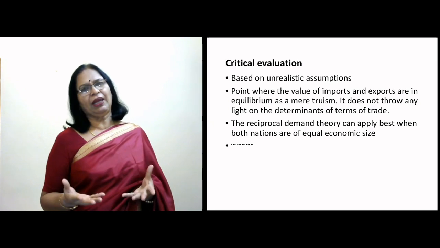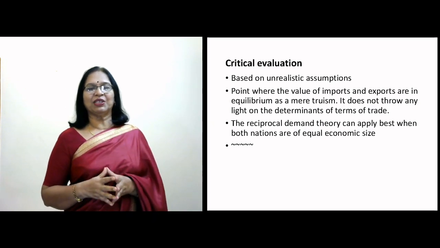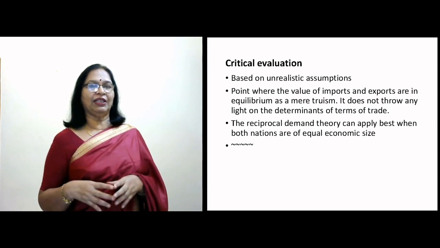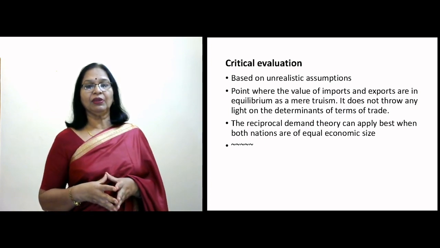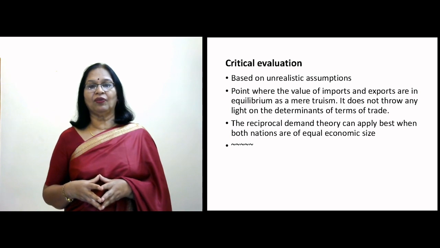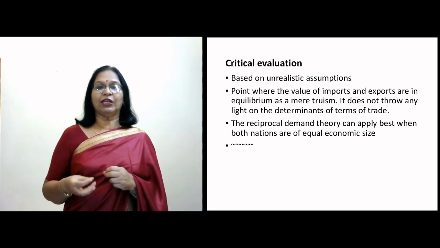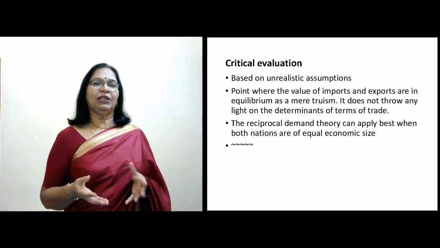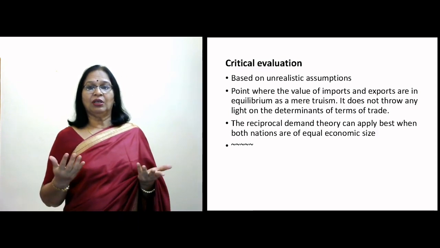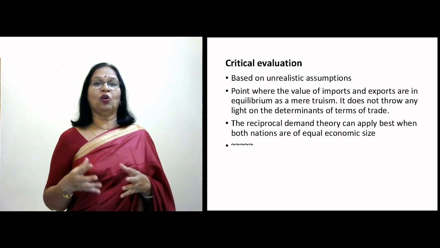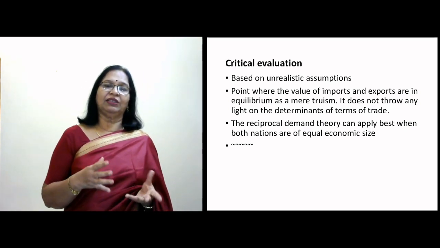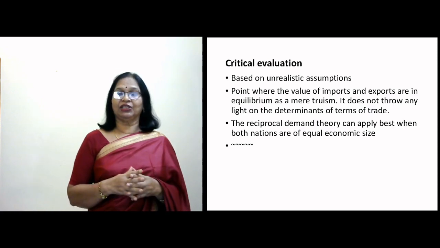There are unrealistic assumptions, but we know that we make these unrealistic assumptions mainly to make the analysis easier. Then the point where the value of imports and exports are in equilibrium is actually a truism. Whether it can happen in real life or not, it does not throw any light on what determines the terms of trade. It only shows that this equilibrium will be attained in international trade.